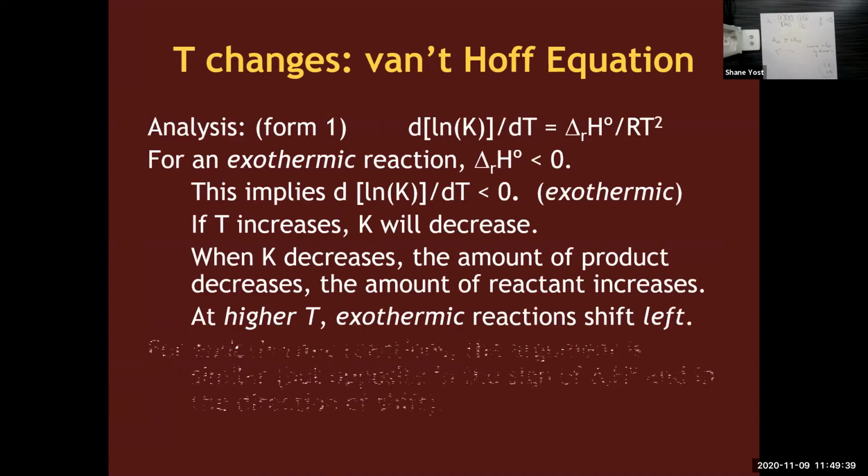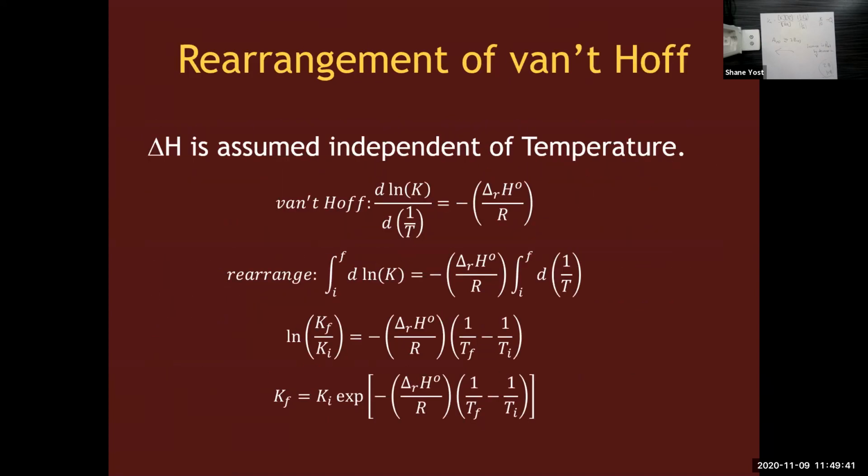But this is a very useful equation if we're ever curious: what is the equilibrium constant for some reaction at a different temperature? Or again, if I'm trying to get the enthalpy of a reaction given different equilibrium constants at different temperatures.